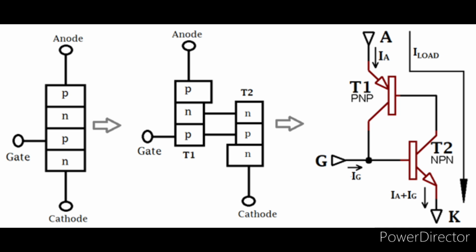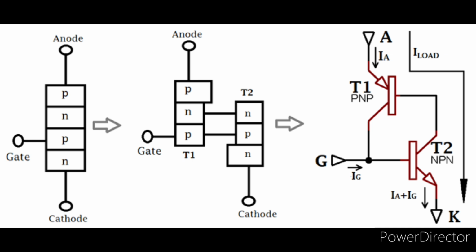Even if there are voltages at anode and cathode, the transistors won't get turned on until there is a base current. So, a gate terminal is used at which a small voltage is applied that causes current at the gate terminal and makes transistor T2 on, which makes transistor T1 automatically on.